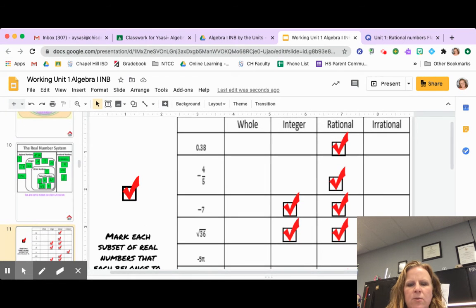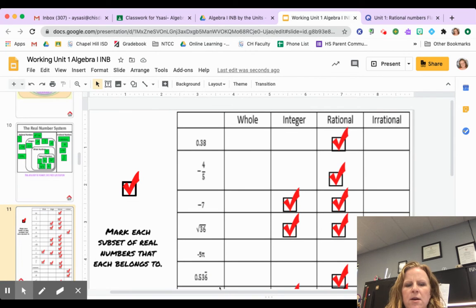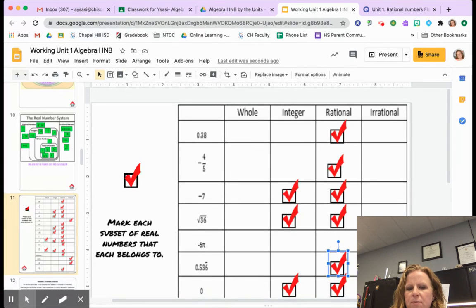Okay, so let's see what else. 0.536 repeating. That is repeating, so it is rational. Zero is rational and it's integer, it is not a whole number.